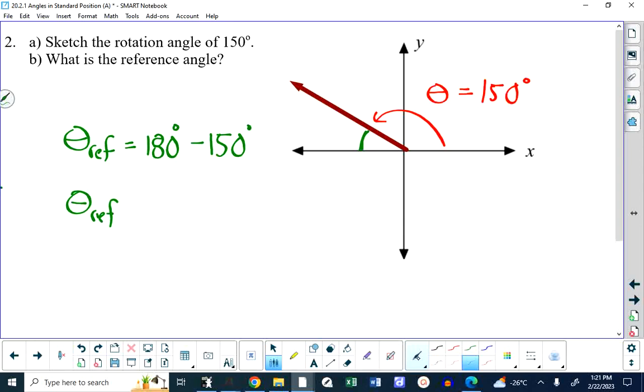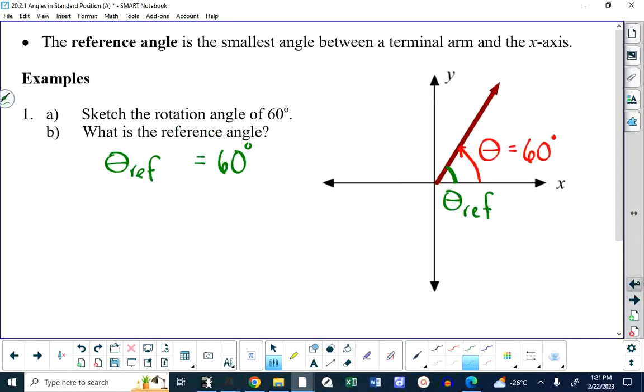I want to go back and just talk about number 1 for a second here. We concluded that in quadrant 1, the reference angle is equal to the rotation angle. And just because these are both in the same statement, I'm actually going to write rotation. If it's in quadrant 1, the reference angle and the rotation angle are the same number.